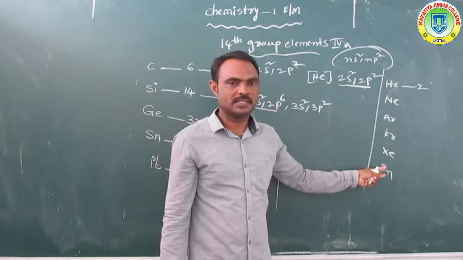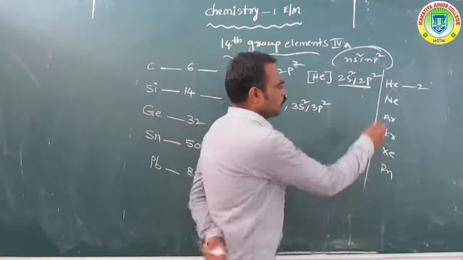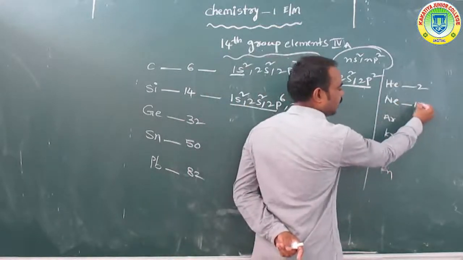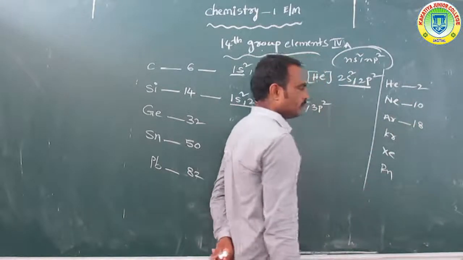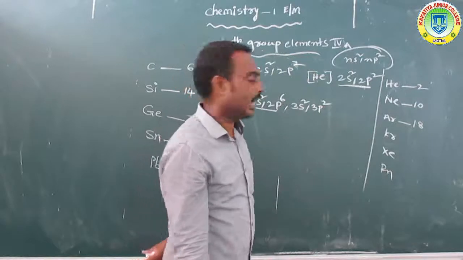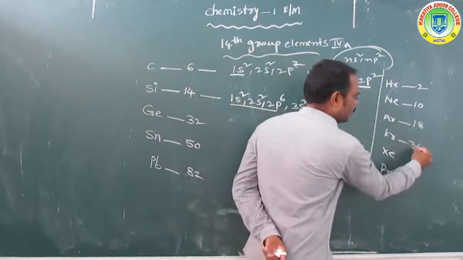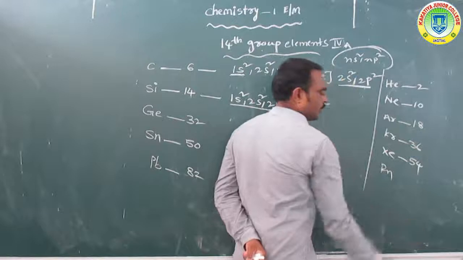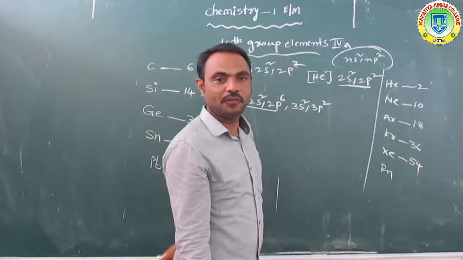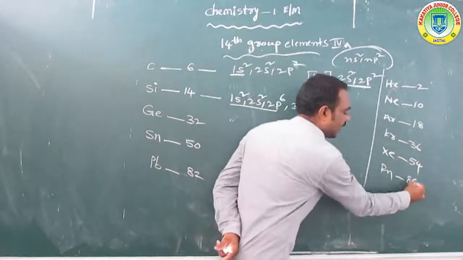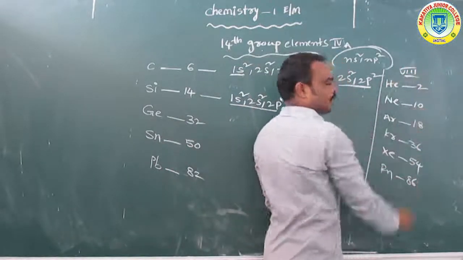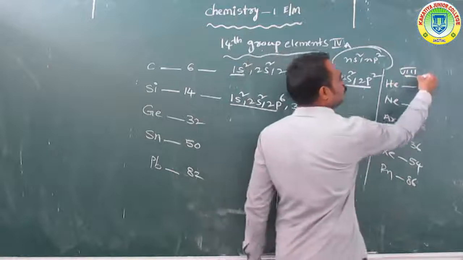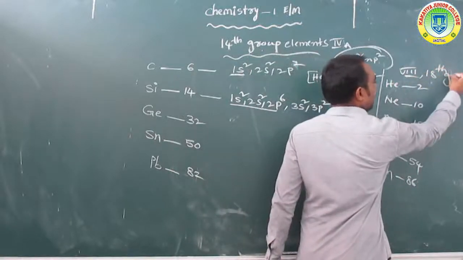Neon 10, argon 18, krypton 36, xenon 54, radon 86. They are all 18th group elements.